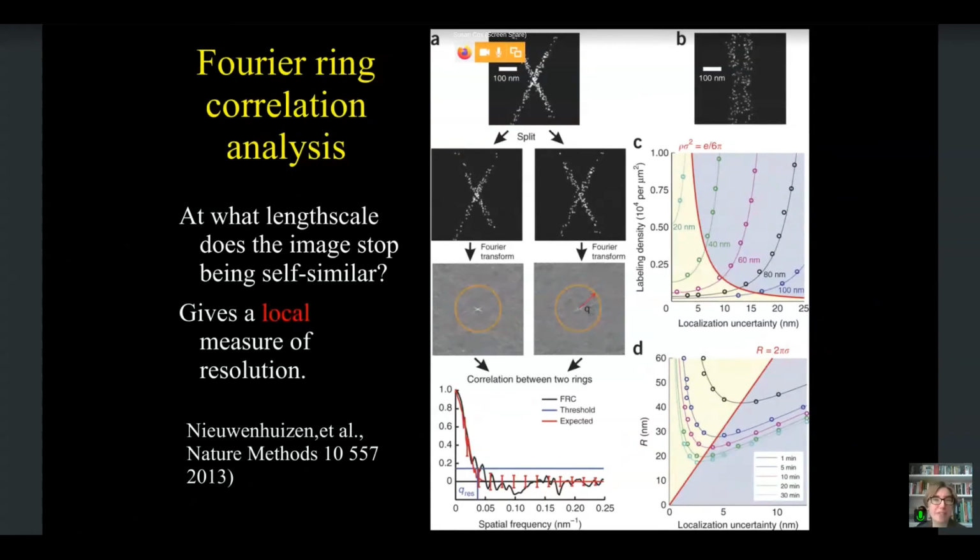We then take the Fourier transform of each of those images, and we see that on the third row down. We then ask, for those two Fourier transforms at each length scale, that is, for a ring centered in the middle at zero spatial frequency, for a ring that starts at the center and then expands out, at what radius of the ring does that image start to be not correlated?